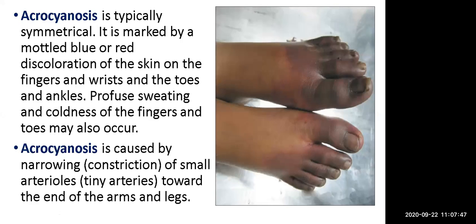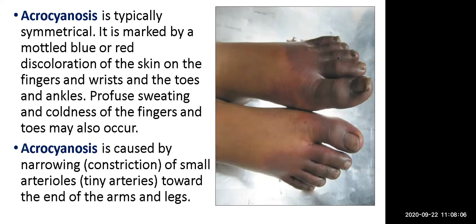So it means this patient has a problem with the veins. For example, thrombophlebitis or thrombosis of the veins. This is not cardiovascular disease. But in the heart disease, the acrocyanosis is typically symmetrical.